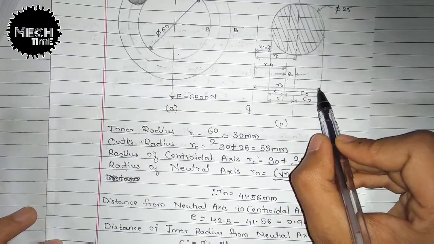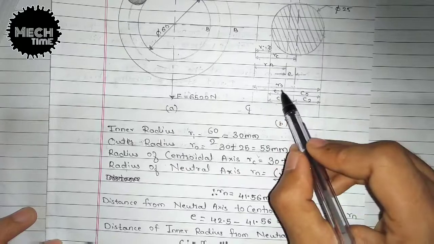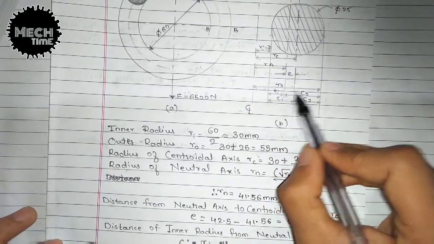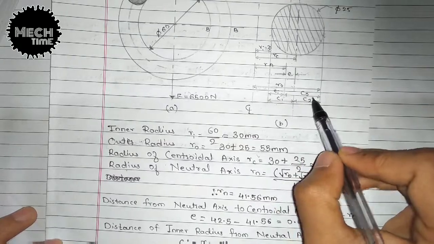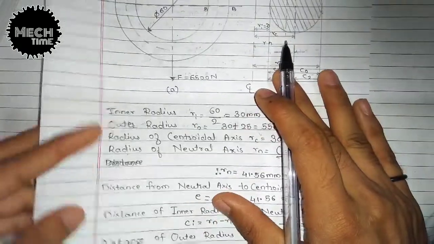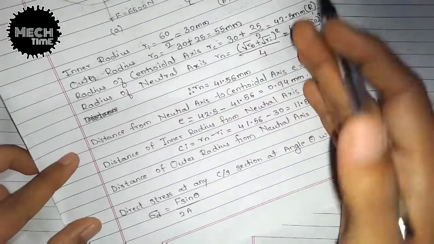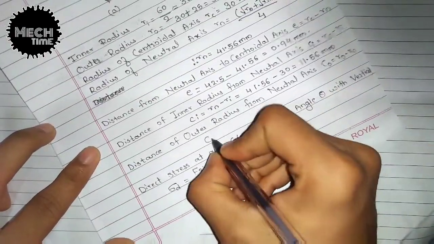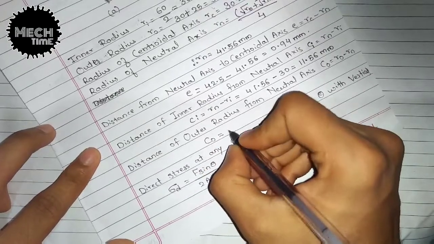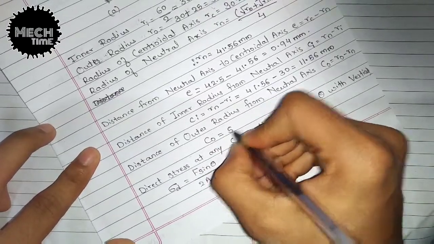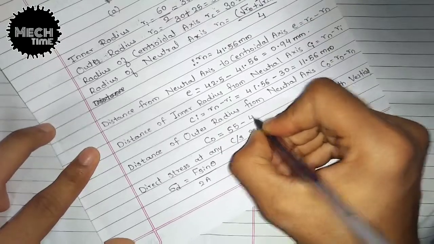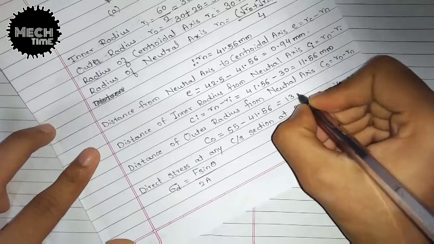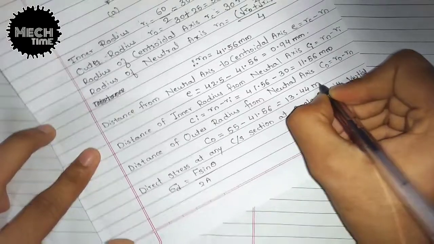This is the total distance, and if you subtract Rn you will get the value of Co. Substituting, Co is equal to the Ro value 55 minus 41.56, which gives 13.44 mm.